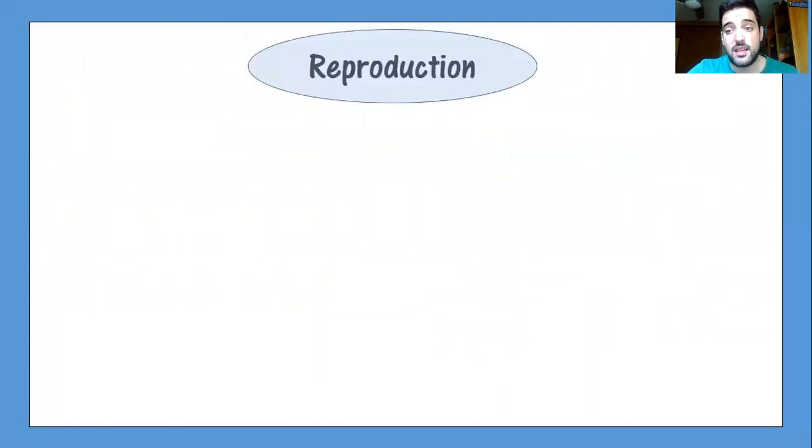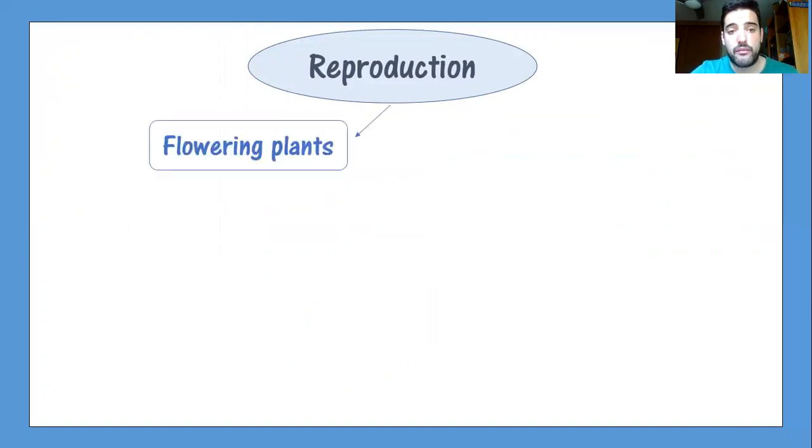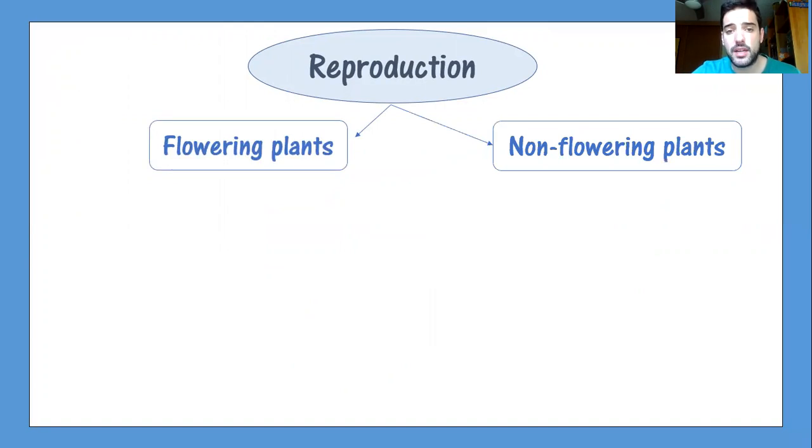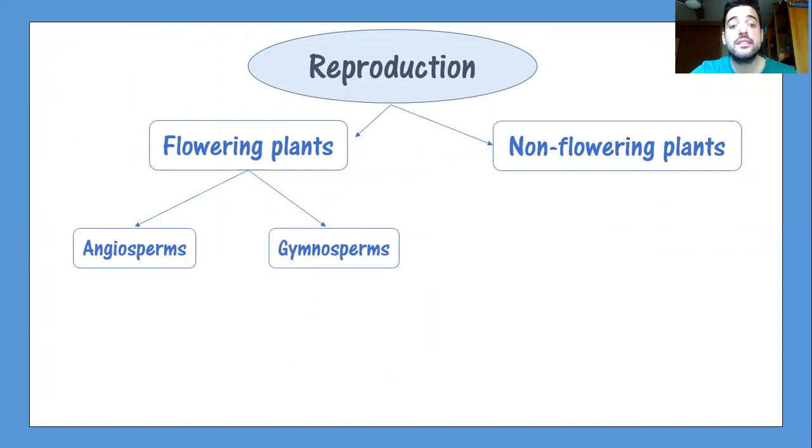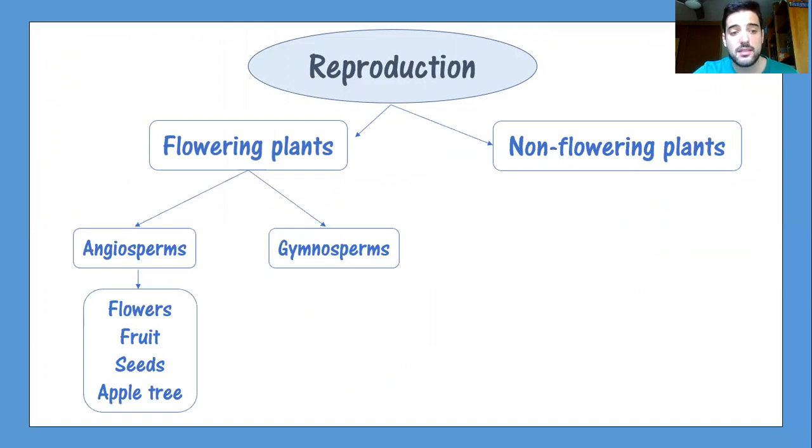Okay, so summarizing, we can say that depending on their reproduction, plants can be flowering or non-flowering. In flowering plants, we have angiosperms or gymnosperms. Remember, angiosperms plants have flowers, fruits, very important, and seeds. An example is the apple tree.